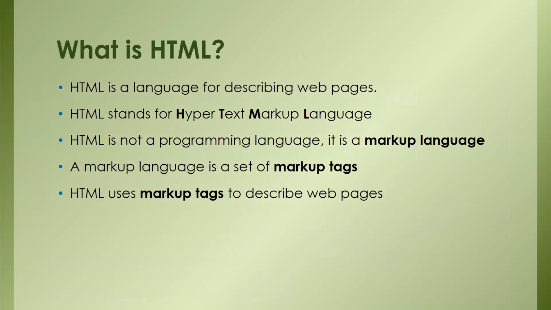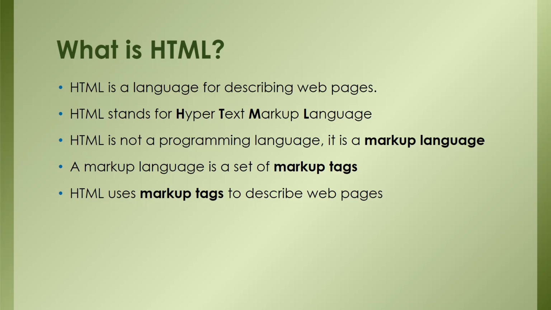All the markup language has a set of markup tags. So for HTML we don't call them commands, we call them tags. When it comes to programming languages, we never call them tags, we call them commands.